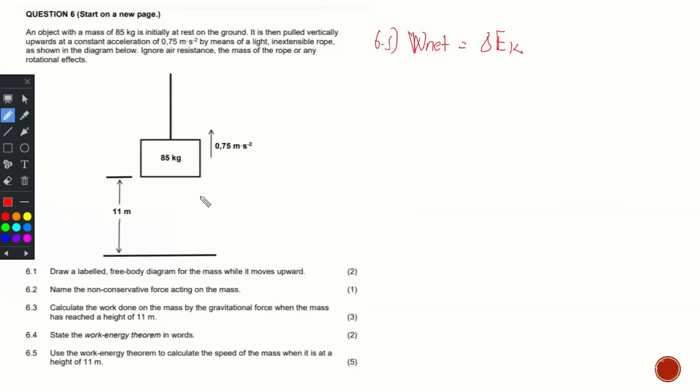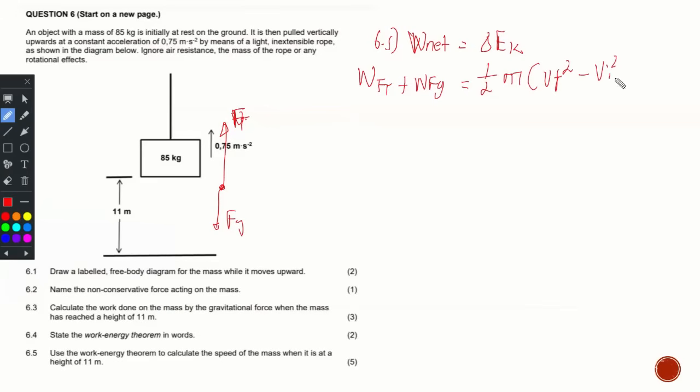W net would have to include all the forces doing work there. So that would be the work done by tension. We have the tension force here, and then we have Fg. So W net would be the work done by tension force plus the work done by Fg. And then that is equal to change in EK, which is half m times Vf squared minus Vi squared.